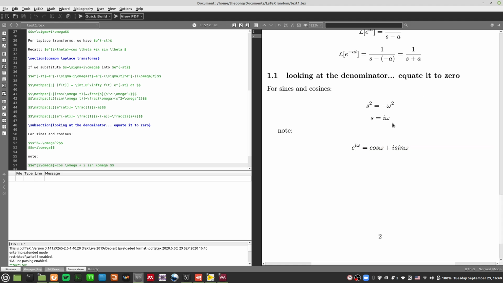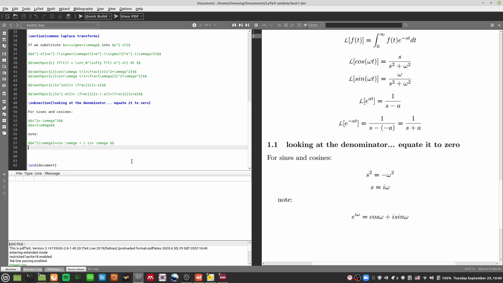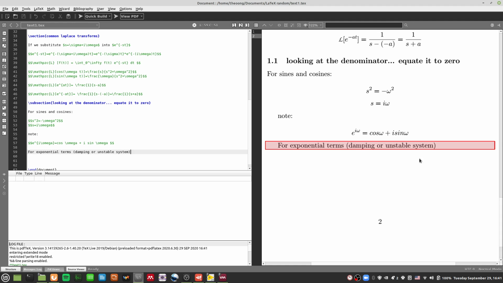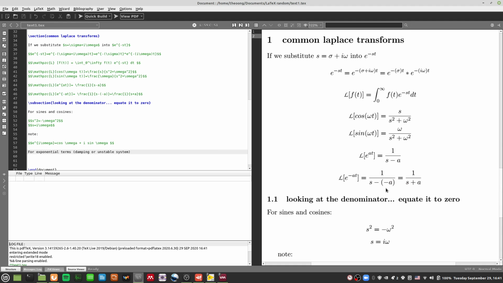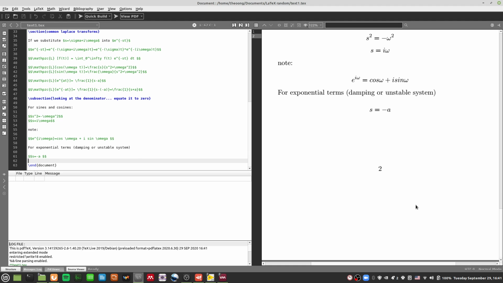You see, all your frequencies actually appear inside your denominator. Now likewise for the exponential terms, damping or an unstable system. The unstable system I'm referring to is if you have a very strong exponential increase. You do the same thing. s equals minus a.